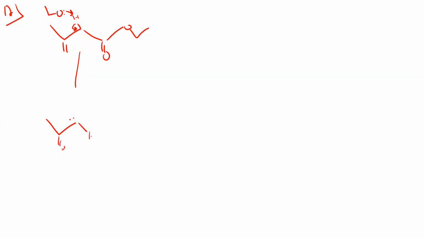Got all this. And then we have a good leaving group, don't we? I'll try to show it. But this bromine group here, you can only imagine that. We're going to attack here through an SN2. That'll be a good leaving group.